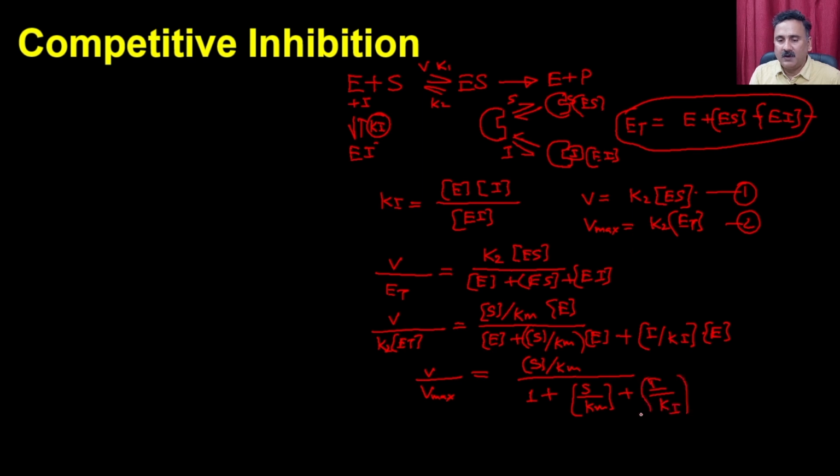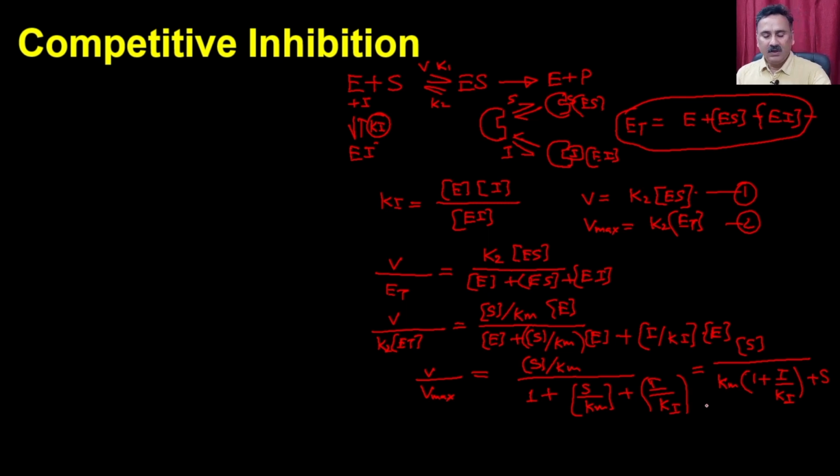And if you simplify this, what you're going to get is S divided by Km bracket 1 plus I by Ki plus S. And this is a very important equation to be able to understand the competitive reactions.